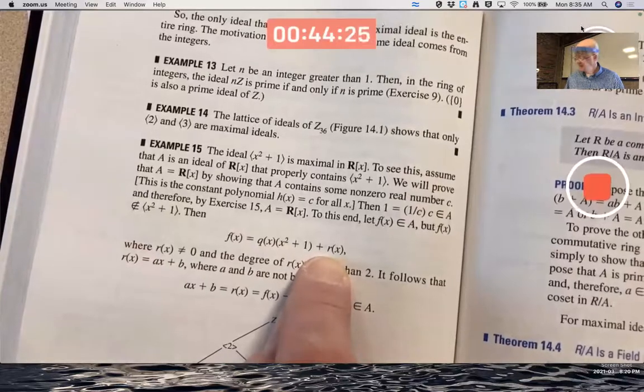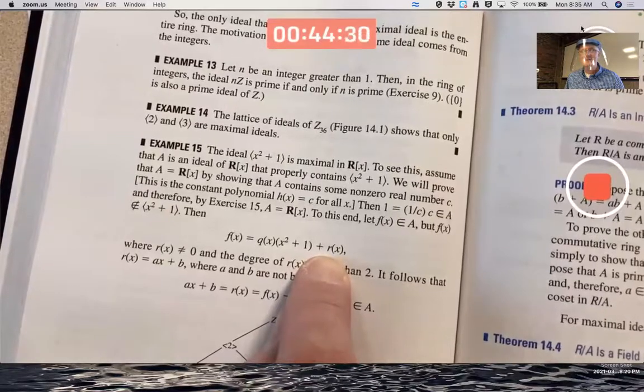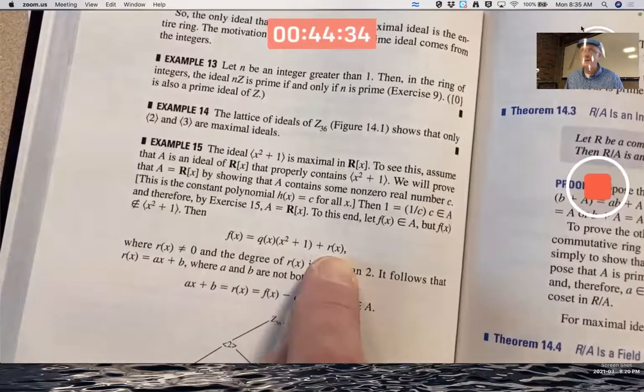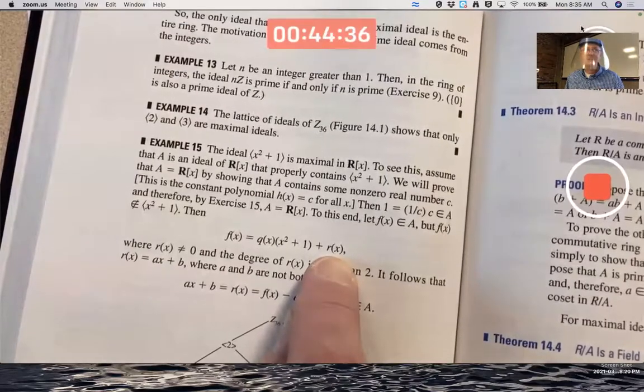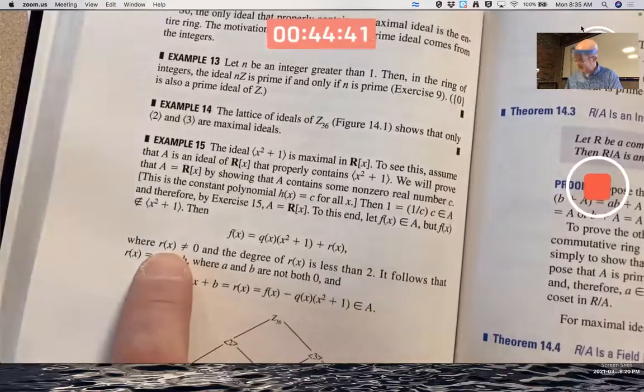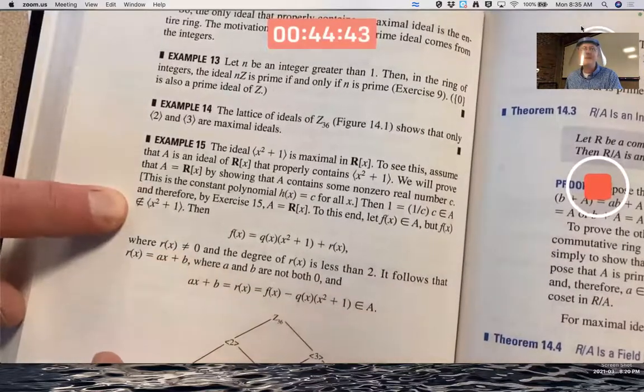This r of x here is the remainder of the division. There's your quotient, q of x, there's your remainder. You don't know what q of x and r of x are because you don't know what f of x is. But there's some non-zero remainder, and it would have to be non-zero because I'm assuming f of x is not in this ideal.